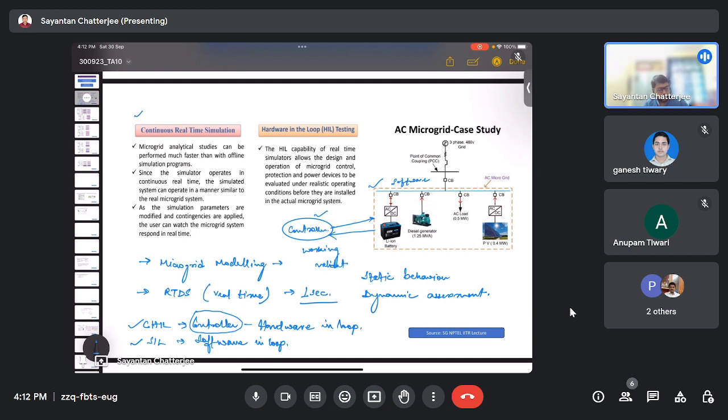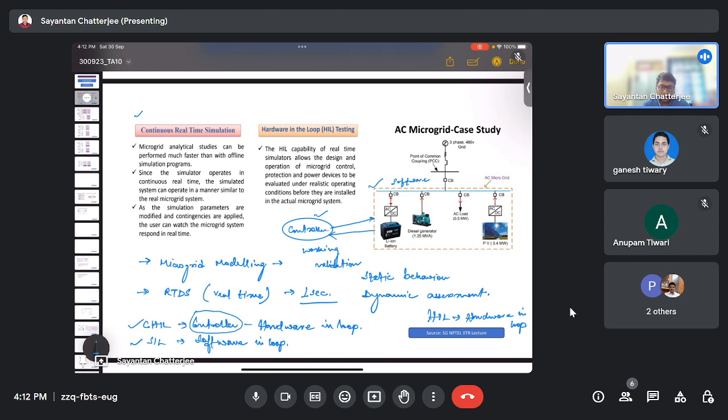Similarly for the hardware validation, which is also called HIL, hardware in loop. Here, in the previous case, the hardware was outside, only the controller was hardware, and the rest was represented in the software domain, as the analogue of that entire hardware setup.